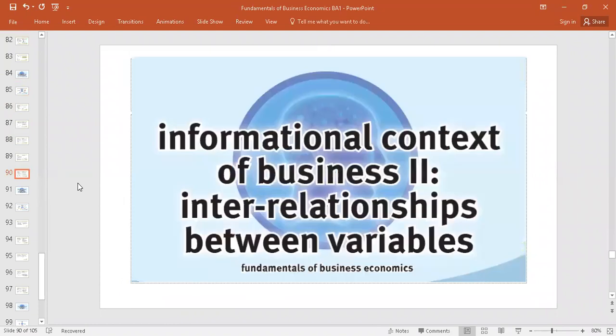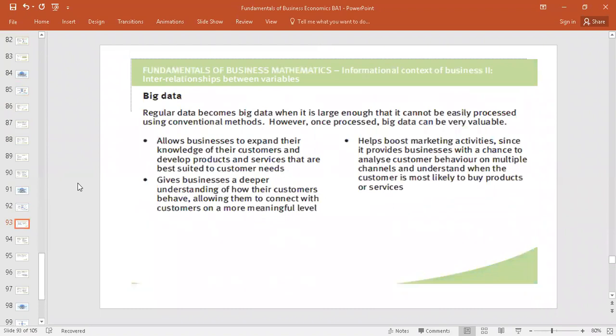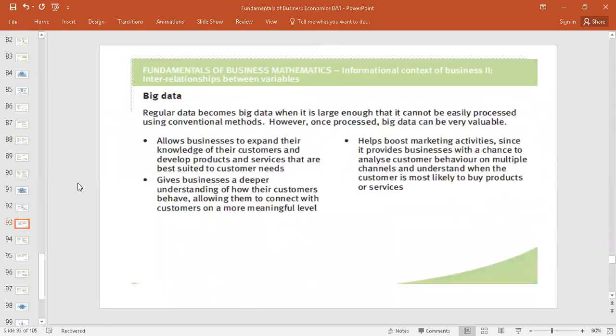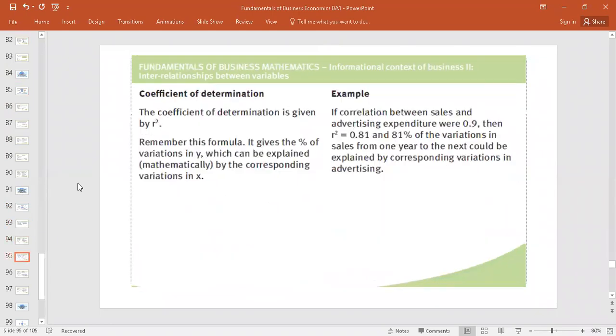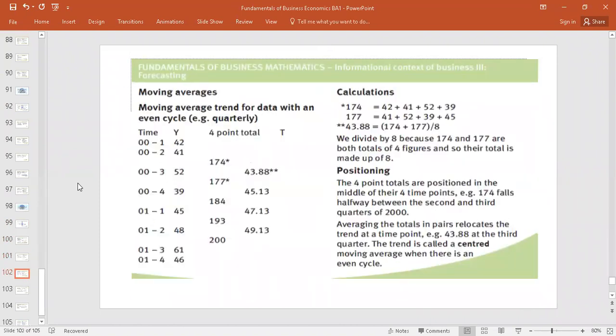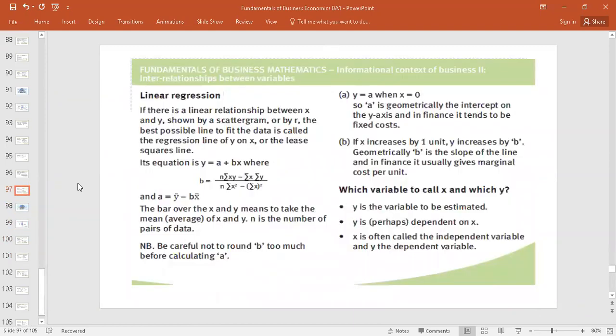We still have to do index numbers. We will be doing that. After that is interrelation between variables, then correlation coefficient, and the last is forecasting. In that particular chapter, we see that there is a concept called big data.